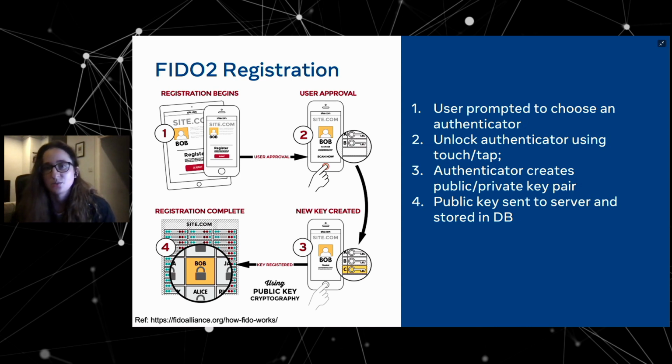Then they'll be asked to do some sort of physical gesture, such as a tap. And at this point, the authenticator creates a cryptographic key pair inside it, and only the public portion is sent to the server and stored in a database. Our FIDO2 authenticator enrollment flow looks fairly similar to this, but the required enrollment process requires a user to reauth with some other form of two-fact to establish the employee's identity.